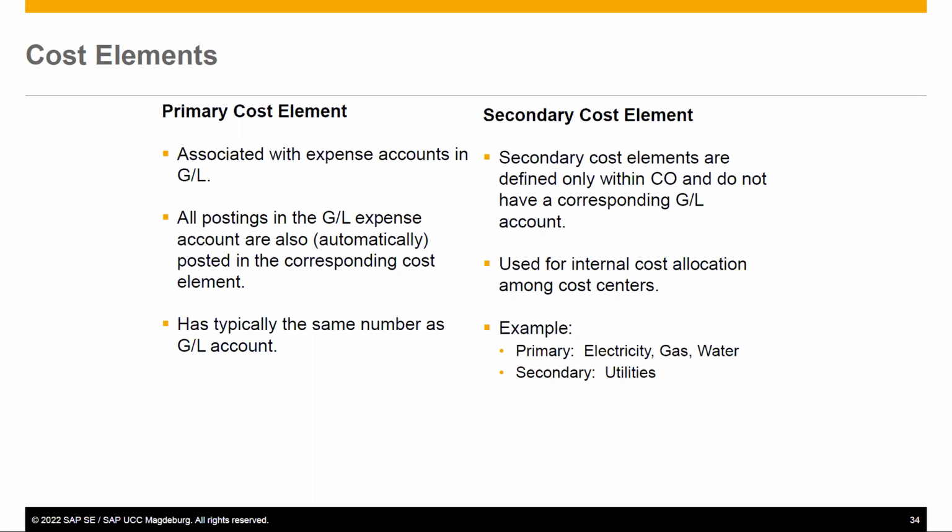So we don't have to do any extra entry for cost accounting. Is that okay? When I say element, it means this belongs to cost accounting. So the primary cost element, which belongs to cost accounting, receives all transactions from financial accounting through the expense accounts. Does that make sense?